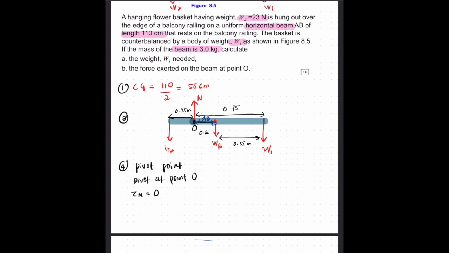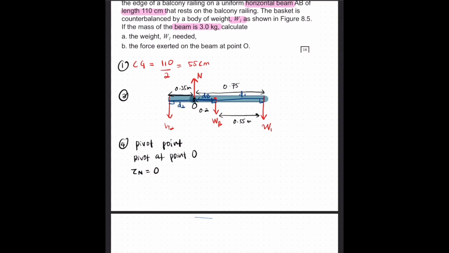For force 1, from the axis of rotation to force 1, this is our perpendicular distance, D1. Then another force W2, from the axis of rotation, this is our perpendicular distance, D2. Then we know that torque is equal to F times D. When we use D, torque, F and D must be perpendicular.